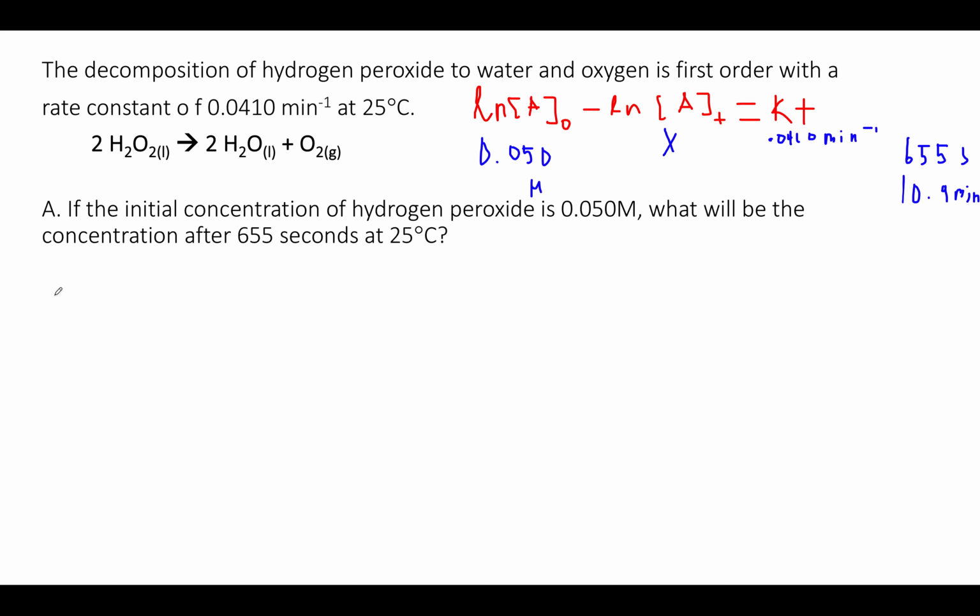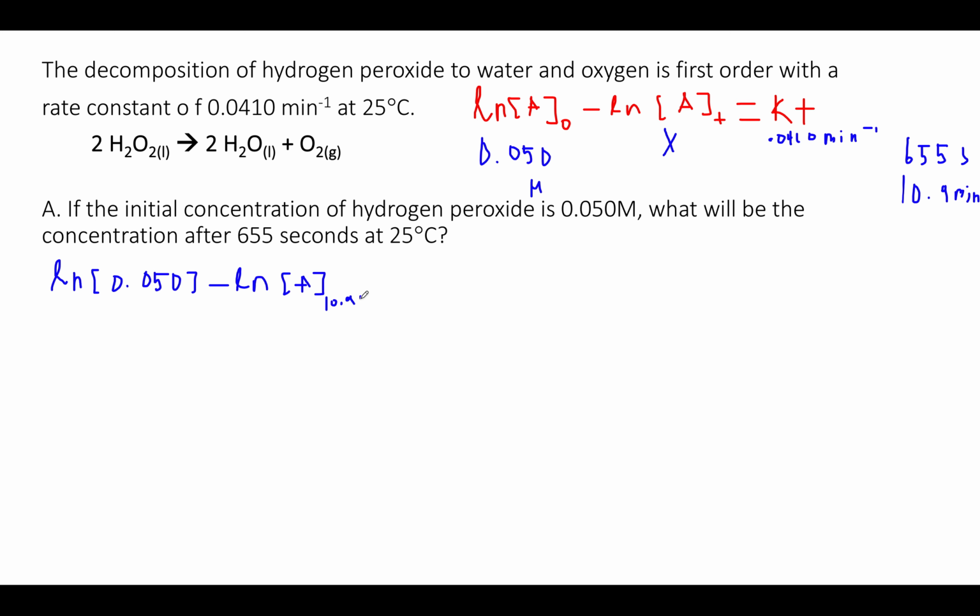So the natural log of the initial concentration, 0.05 molar, minus the natural log of the final concentration at 10.9 minutes.